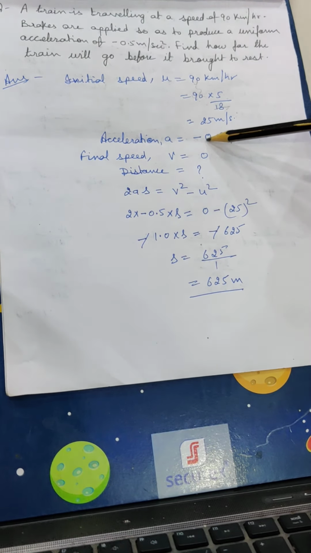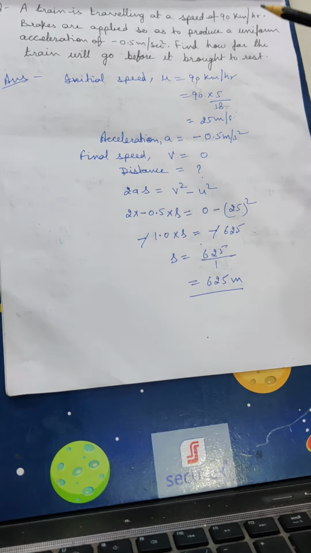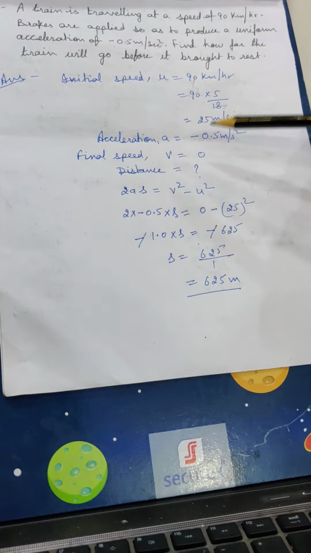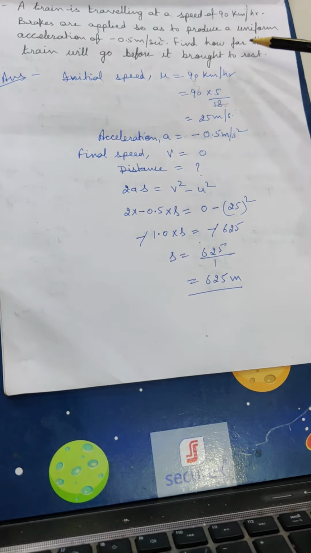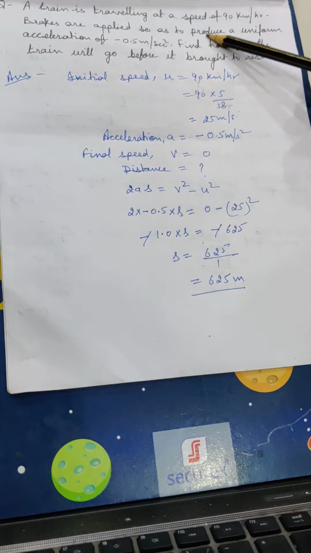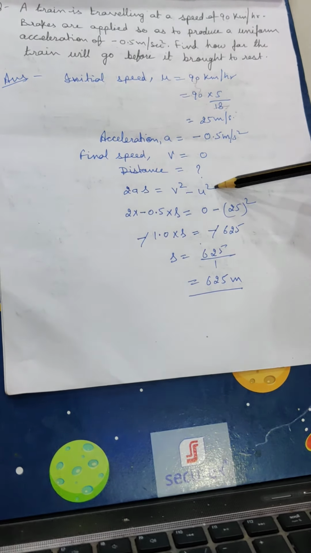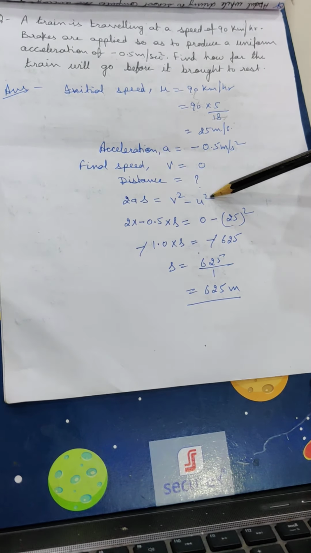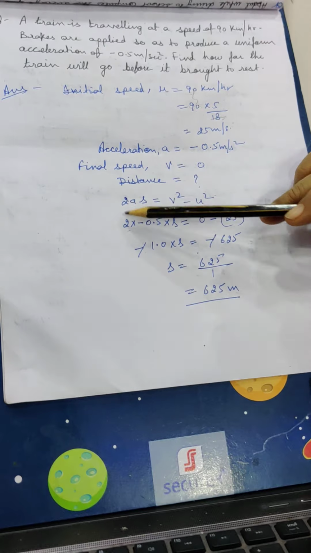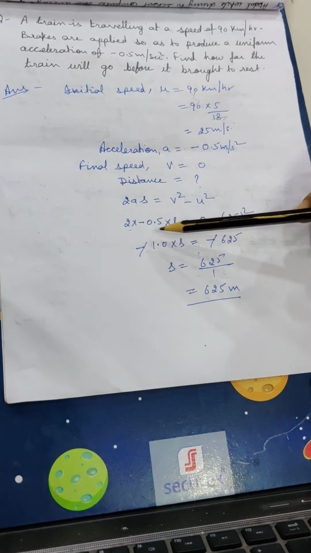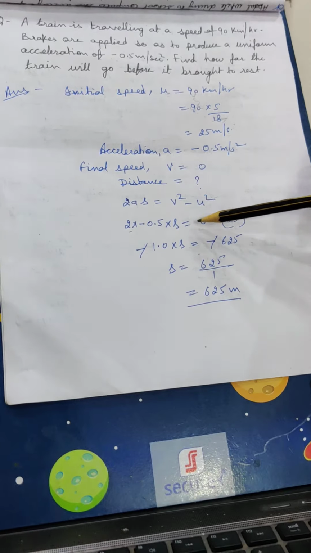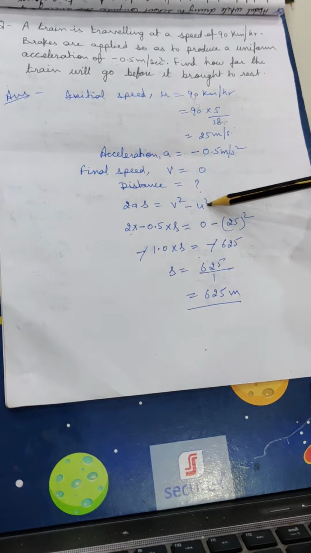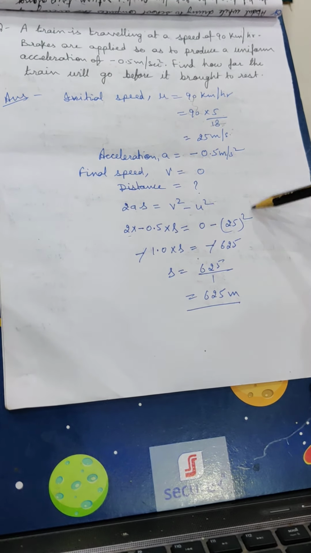Acceleration is given as 0.5 meter per second square. Now we have to calculate distance. How far means we have to calculate distance s. As I told you in the previous question, whenever time is not given, we always use the third equation of motion, that is 2as = v² − u². So 2 × (−0.5) × s = 0 − 25².